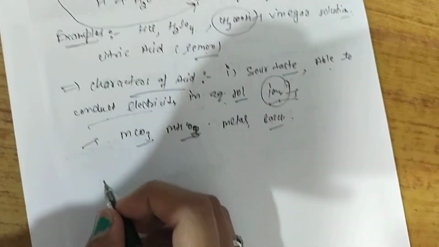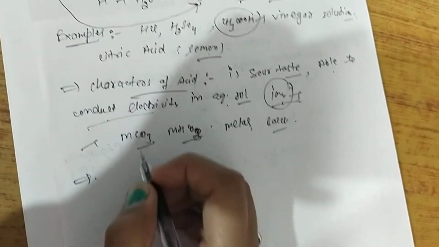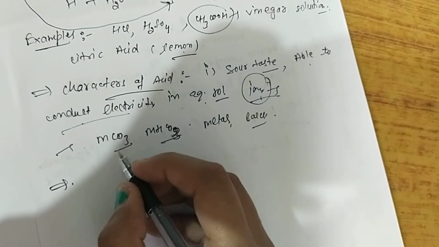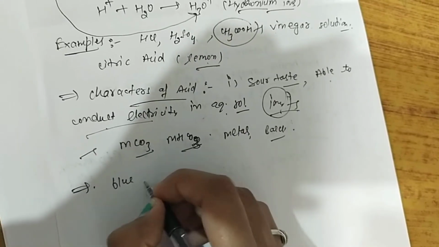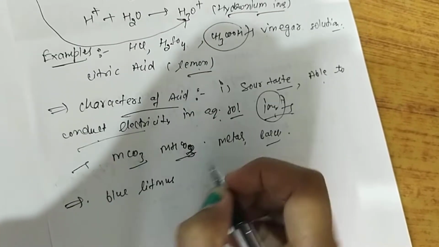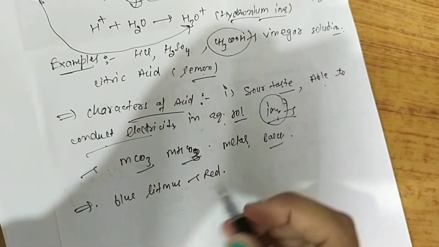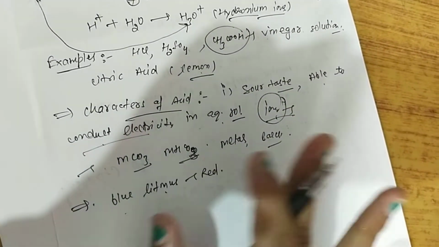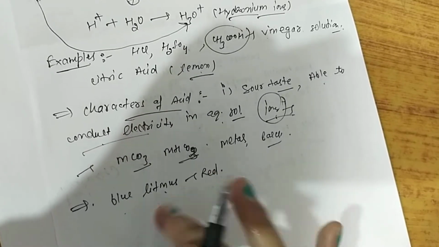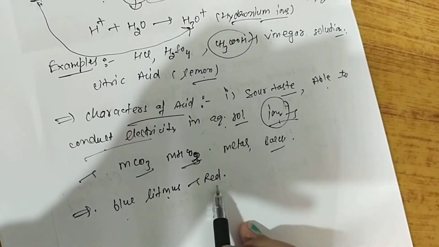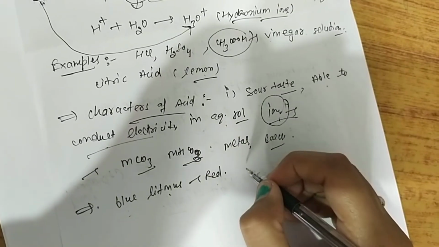There are more important characteristics of acid. The first one is all acids turn blue litmus to red, and on red litmus there is no effect of an acid. The red litmus remains as it is in acid, but the blue litmus turns into red in acidic solution.